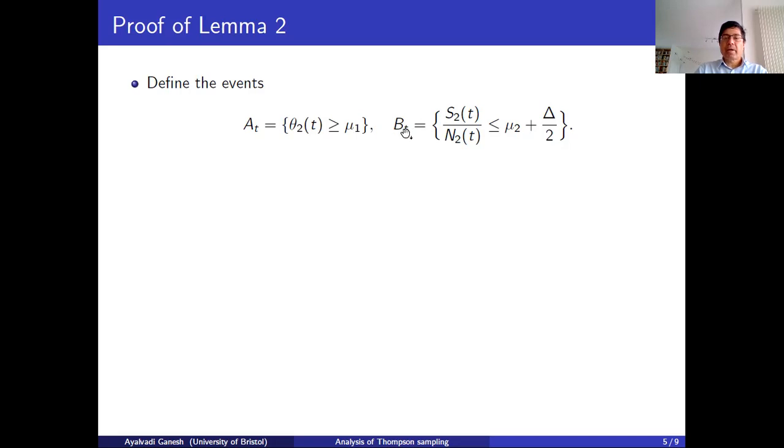And the reason for defining this event BT is that theta2 is drawn from a beta distribution, and the parameters of that beta distribution are given in terms of S2t and N2t. And so they will play a role in bounding the probability of AT.